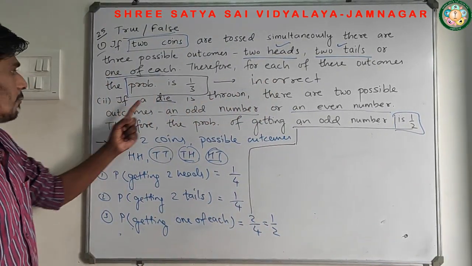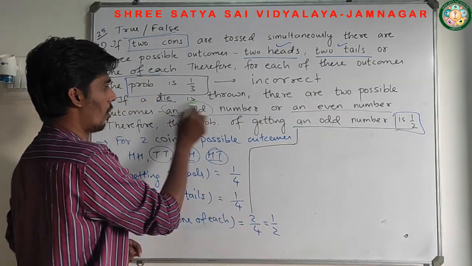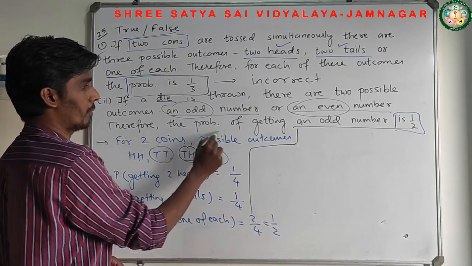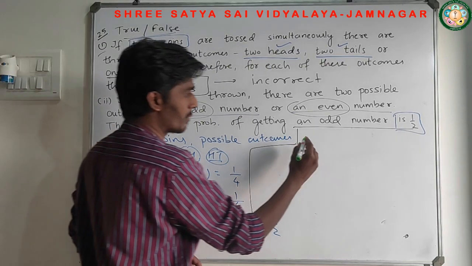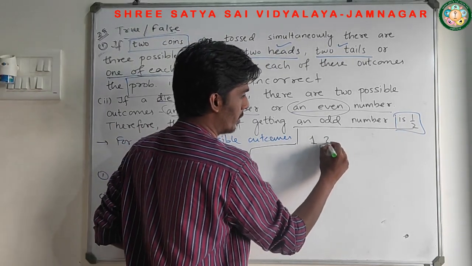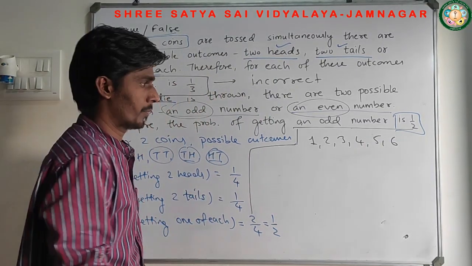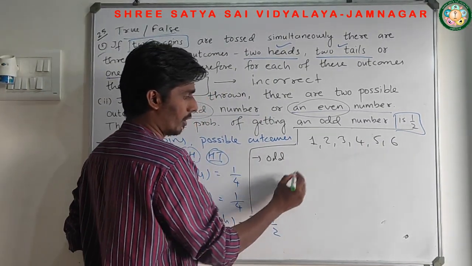Now let's move to the second condition. If a die is thrown, there are 2 possible outcomes: an odd number and an even number. Therefore, the probability of getting an odd number. So first of all, a dice. Dice means possible outcomes are 1, 2, 3, 4, 5 and 6. Out of this, what are the favorable outcomes for odd numbers?